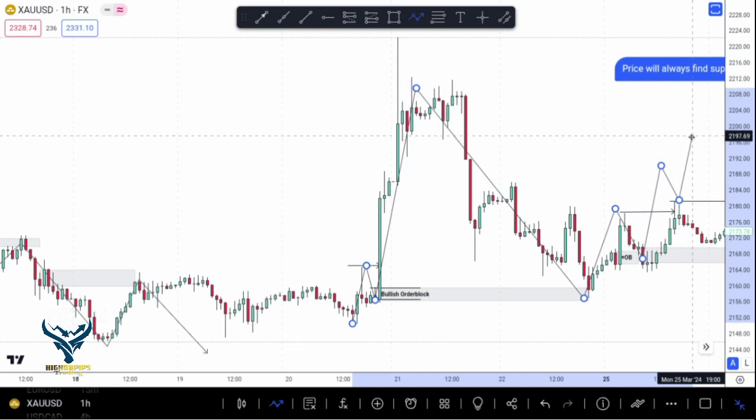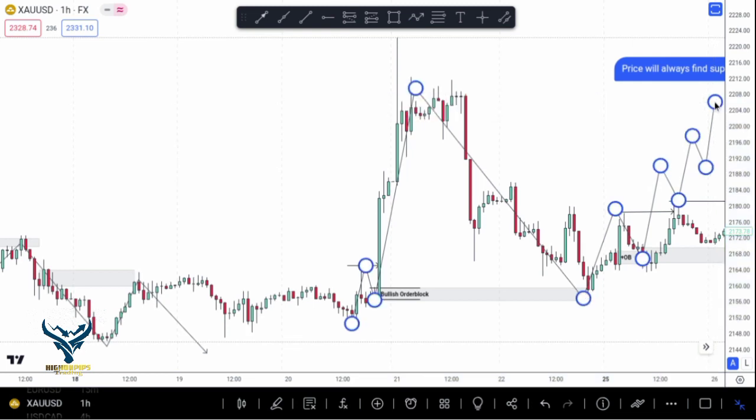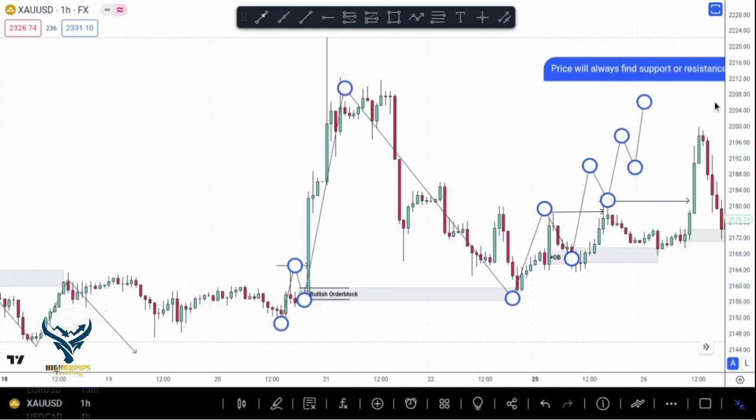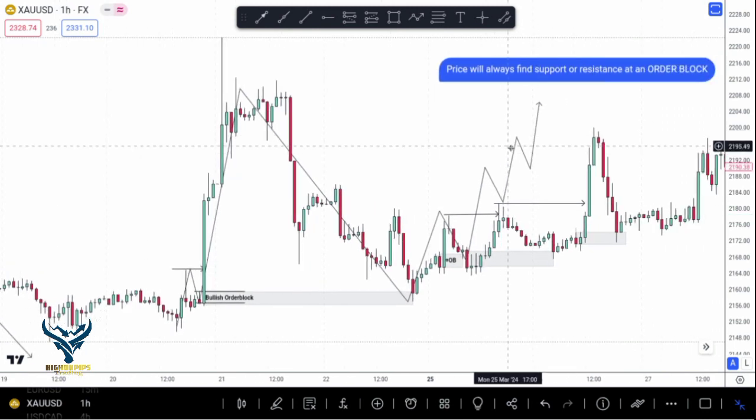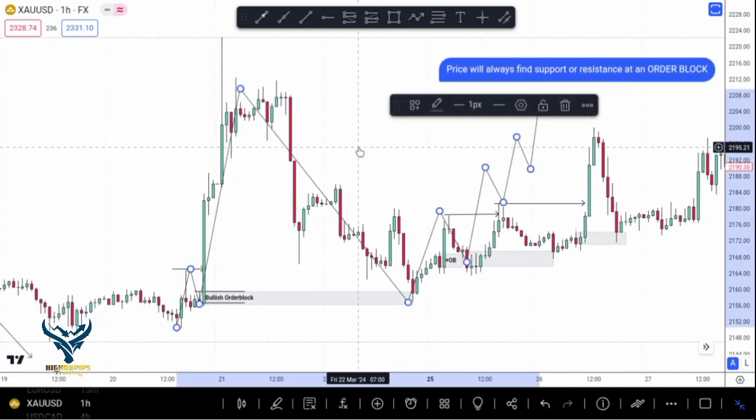It kept on going higher and higher, like that, right? It kept on going higher and higher like this. I hope you see.